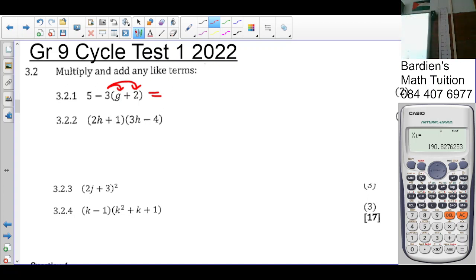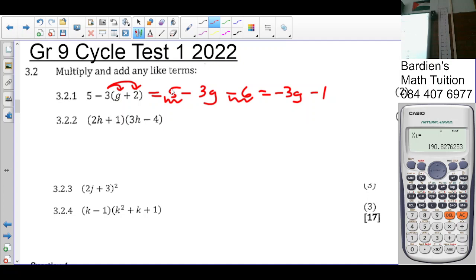So let's multiply out. You're going to get 5 minus negative 3 times g is negative 3g, negative 3 times positive 2 is negative 6. So again we're going to add like terms there. So negative 3g, 5 minus 6 is negative 1.